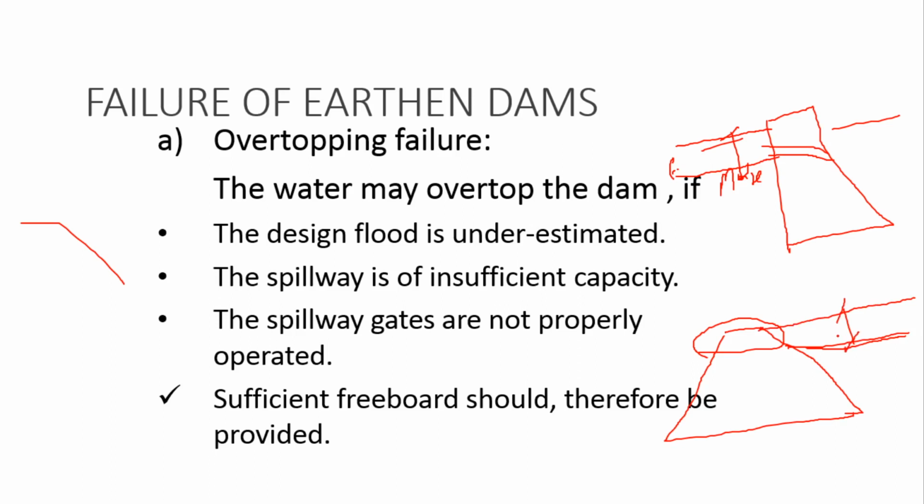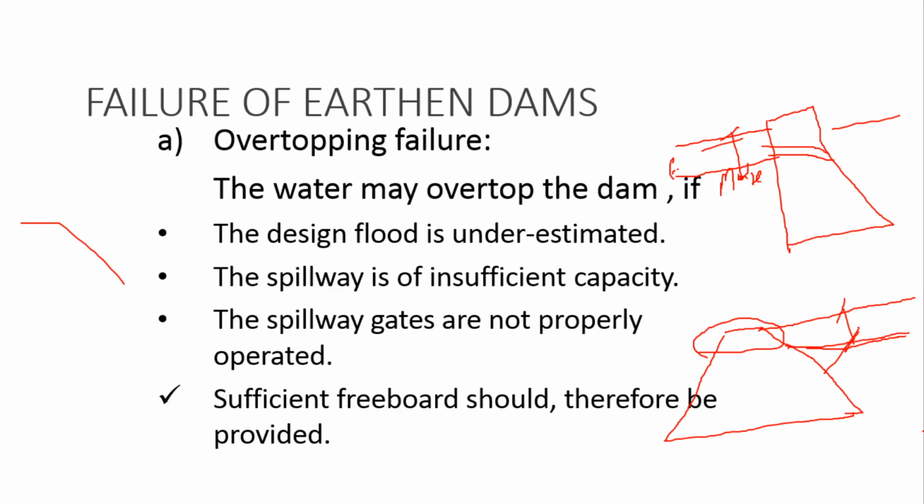Generally what we will do, if water is coming up to here, then immediately we will release the gates. And by using the spillway we will release water to another location. Generally, freeboard we are not making correctly.